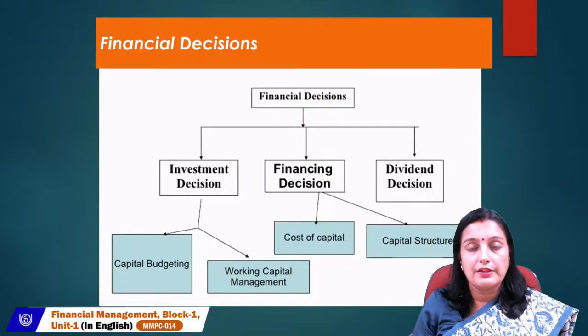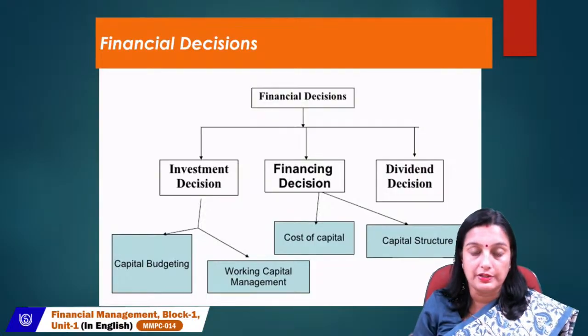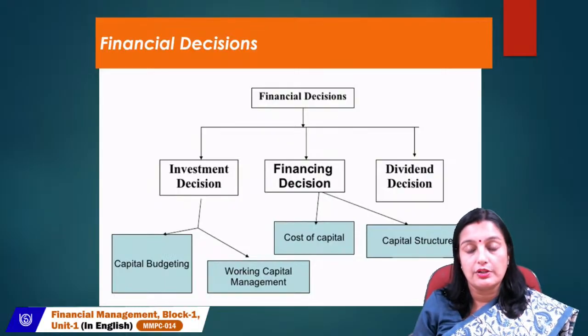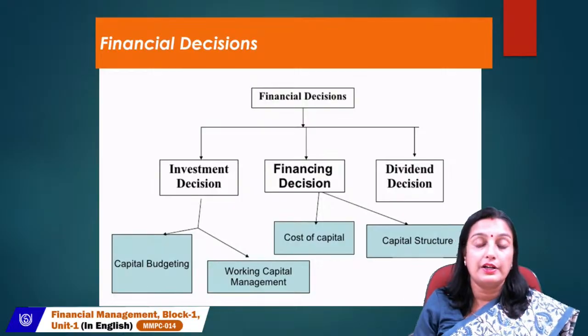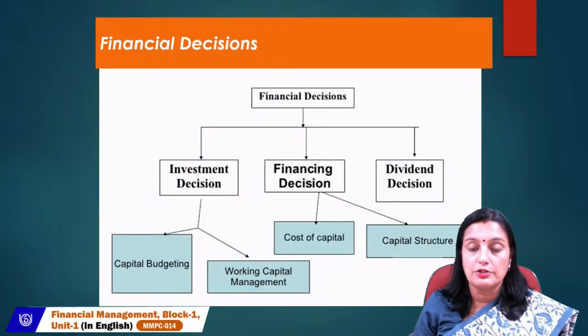So from your investment, you should at least get a return equivalent to your cost of capital, right? This is also an important aspect. There are various sources available in the market, but you need to decide or analyze which source will give you the cheaper source of capital.